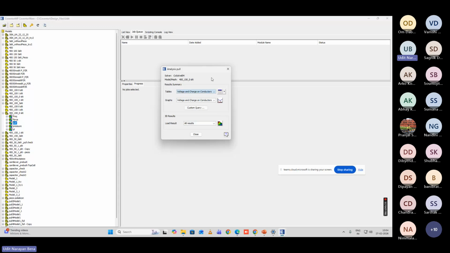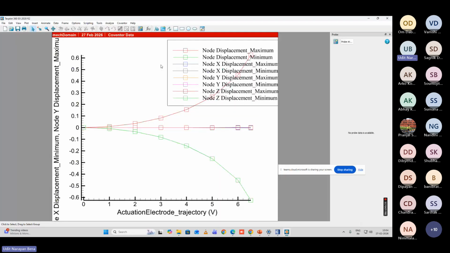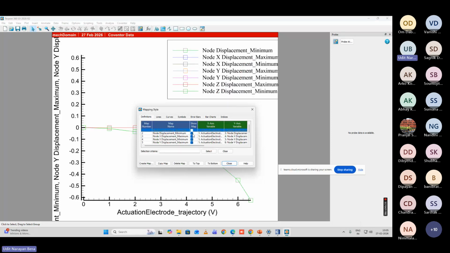One by one, let me show you how the pull-in voltages look like. In the result, you will see the graph. Yes, here is the graph generated by Coventor. Here, let me give it some meaning so that you can understand.